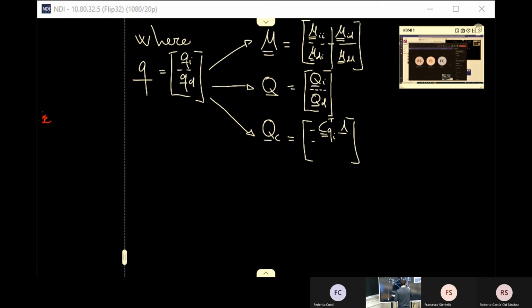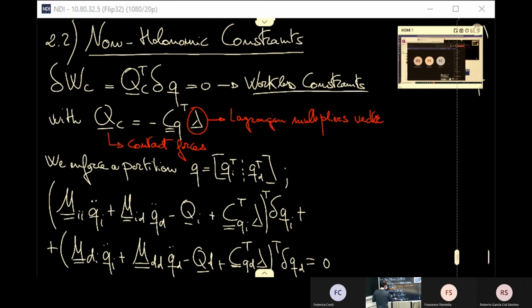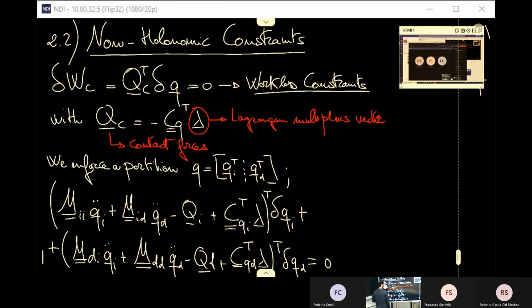And then you have minus C_QD applied over lambda. Okay? And this is what you get, you see, in here and in here. Of course, with the minus sign in front.